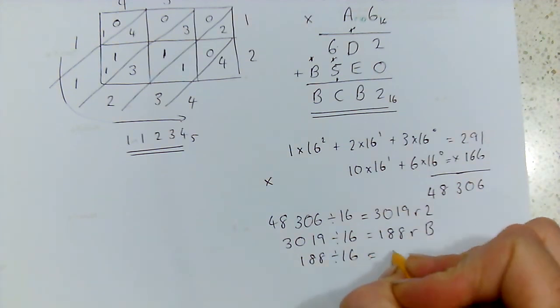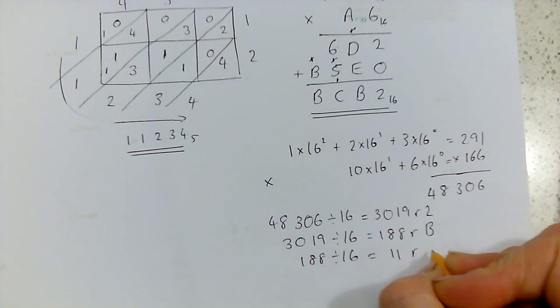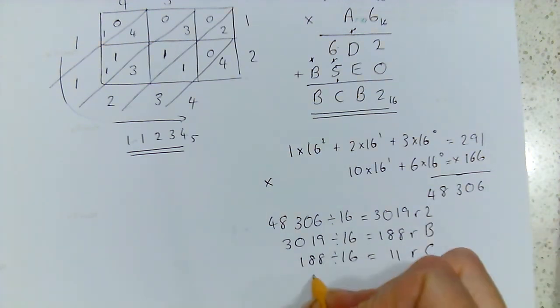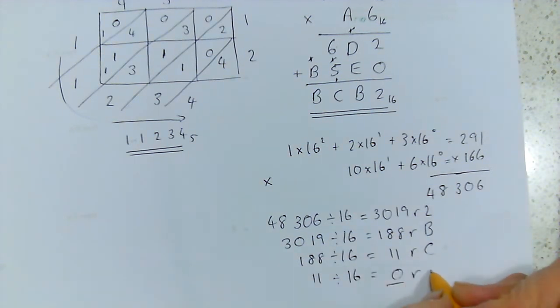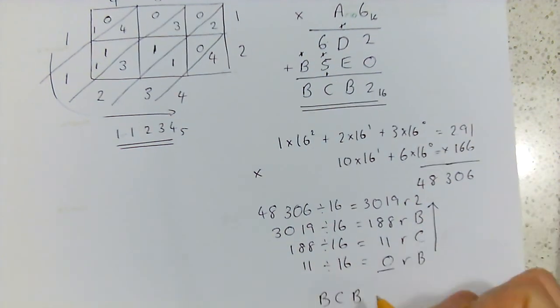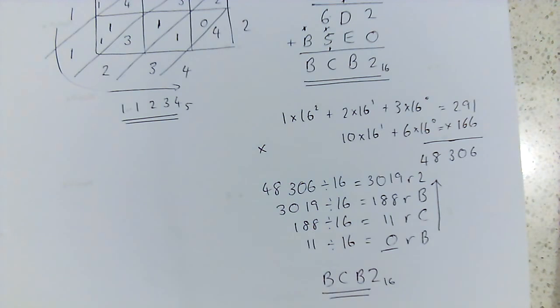Okay, so that is 11, and the remainder is 12. Okay, so that is C. And then finally we have 11 divided by 16, which is 0, remainder 11, which is B. And so we do indeed get B, C, B, 2, base 16. So we got it right. Hooray.